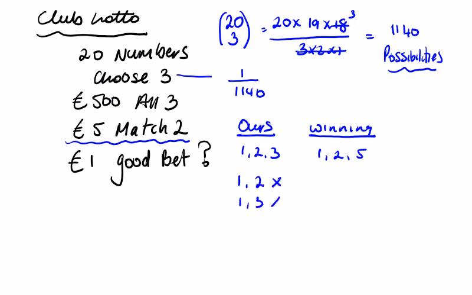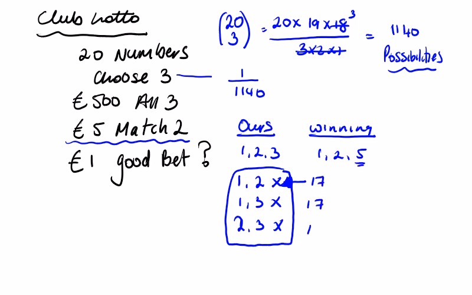We'd have a 1 and a 3 and a wrong one, or a 2 and a 3 and a wrong one. And in each of these cases, the wrong one, how many possibilities are there? Well, we've already chosen a 1 and a 2, and we can't have the winning number of a 5. So there's 17 outcomes in each of these that are possible.